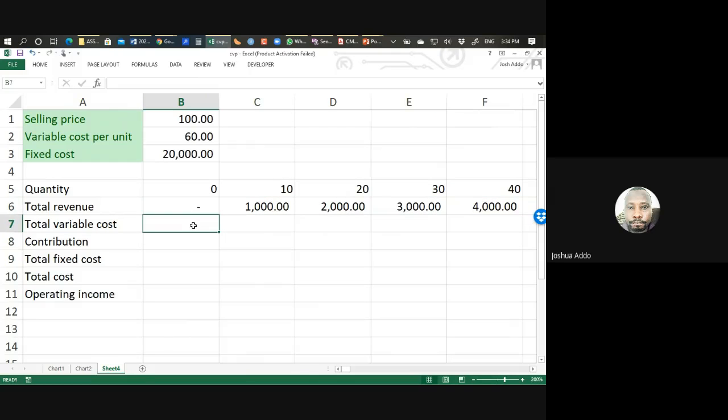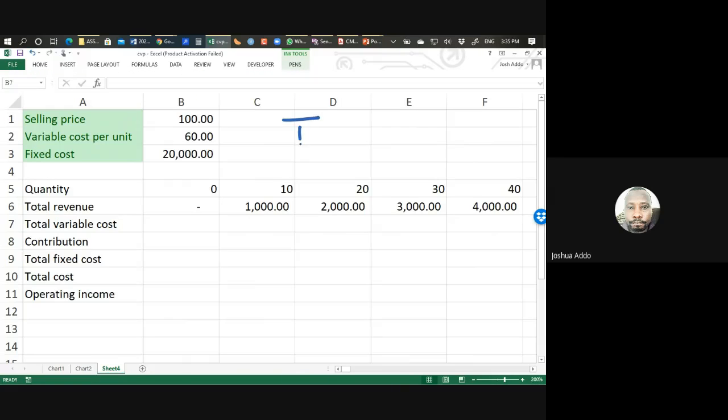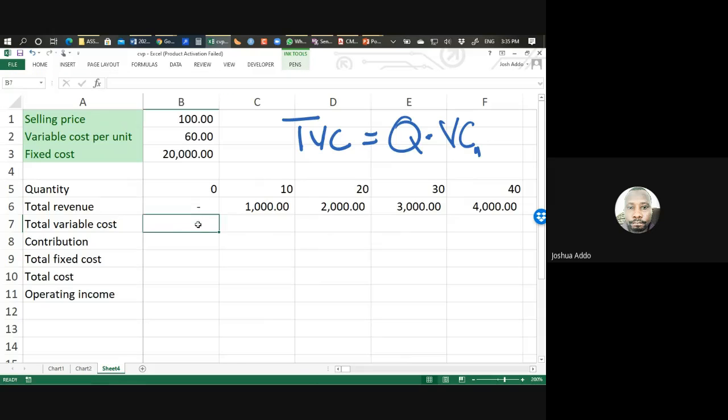Okay. Total variable cost. You know the formula. Total variable cost is equal to quantity times variable cost per unit. So I do that formula here. Very simple formula.